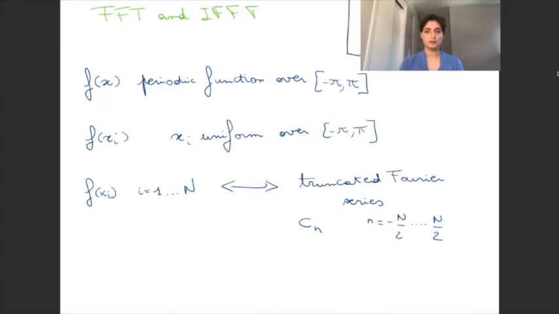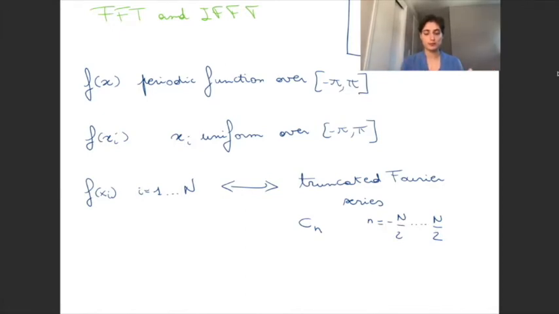This is not usually the setting when we're looking at numerical analysis. We have finite information, so we cannot have infinite series just because the information that we have is not infinite. So we are thinking of, instead of knowing f of x for every value of x, we actually only know f of xi for a finite number of xi uniformly distributed between minus pi to pi.